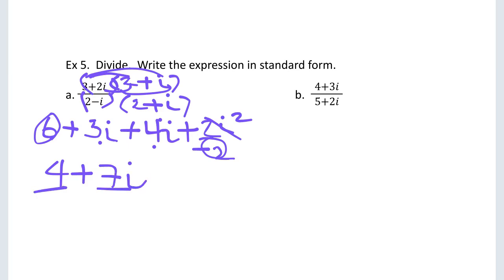Now we want to multiply the denominator. That would be a squared plus b squared, a being 2. So 4 plus negative 1 squared is 1, 5, the denominator.